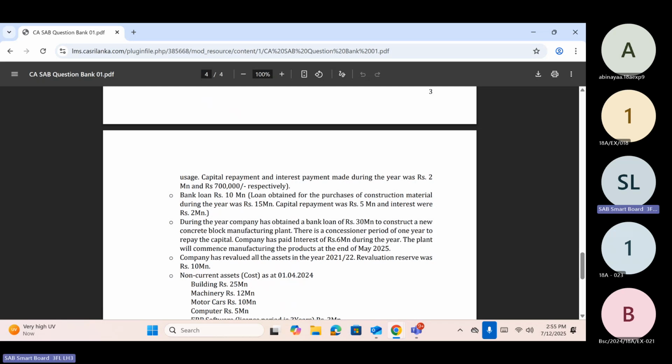But second condition, in case of assets, definitely assets should be used during the year for the production of income. As per this, end of May they are commencing the business. That means they have borrowed money to construct an asset, acquisition of asset, but that asset is not used during the year for the production of income. Therefore, it is disallowed.